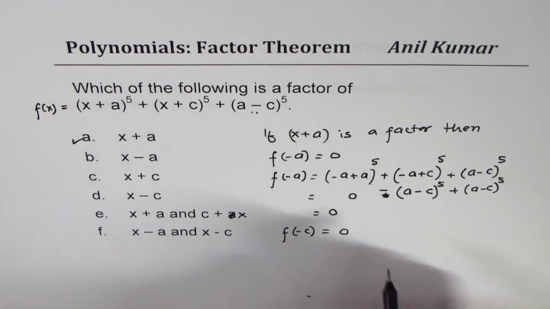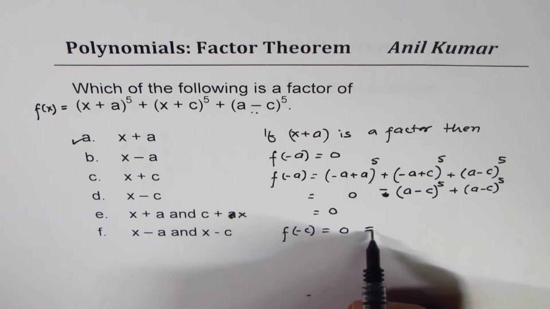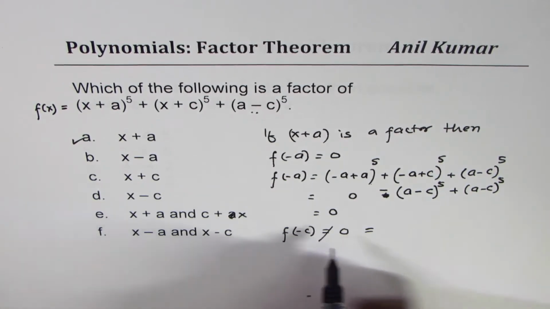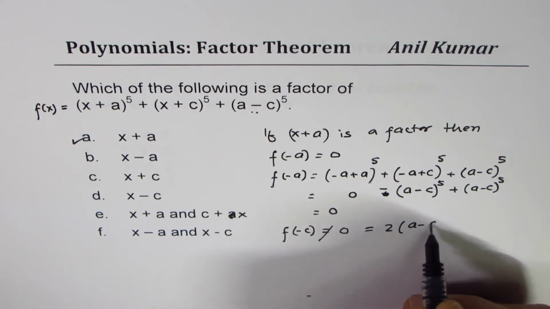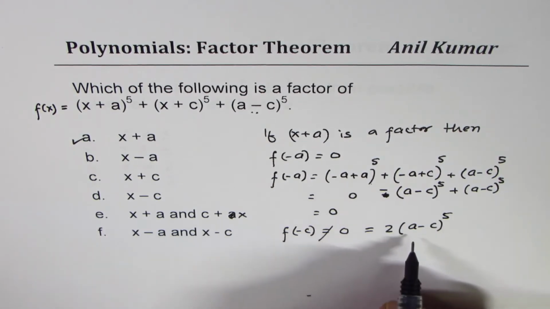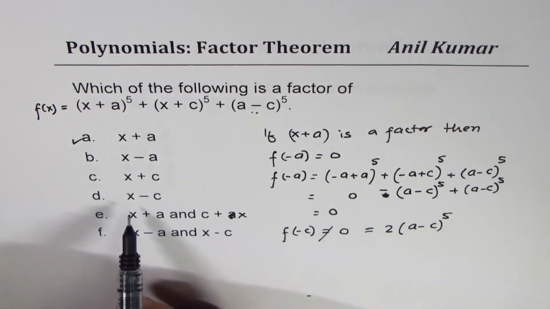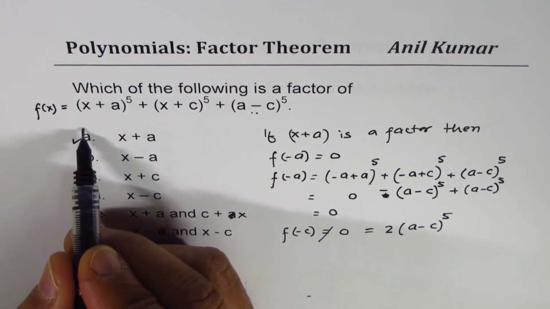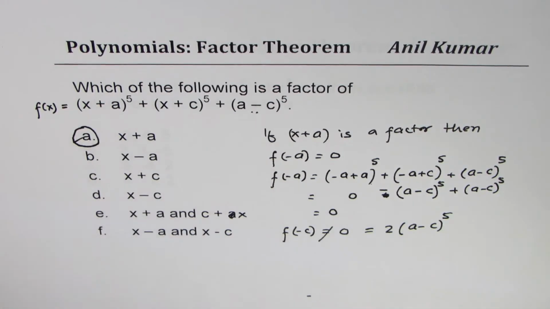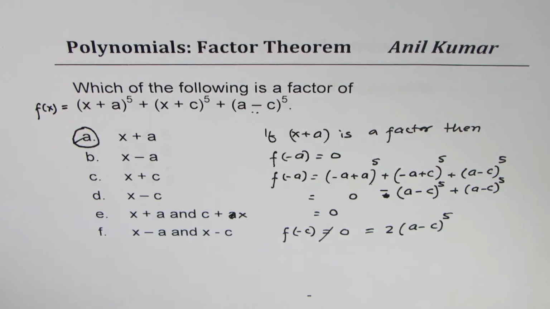So we do not get 0, but we get 2 times (a minus c) to the power of 5, which is not equal to 0, right? Therefore, x plus c is not a factor. So the only factor here is x plus a, and that is how, using factor theorem, you could solve such a question, right? So let's move on to the next question.